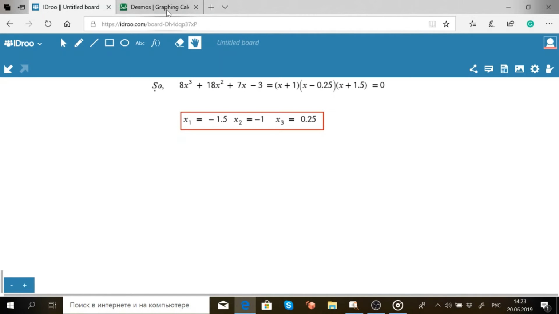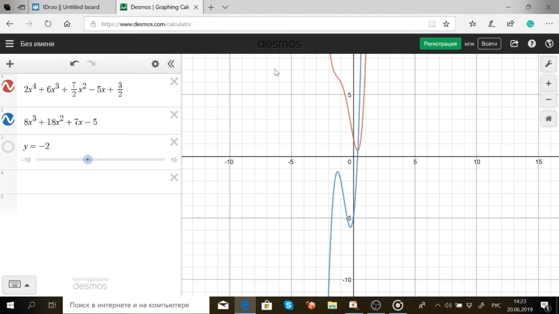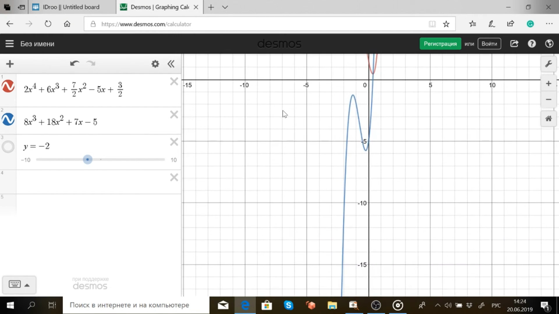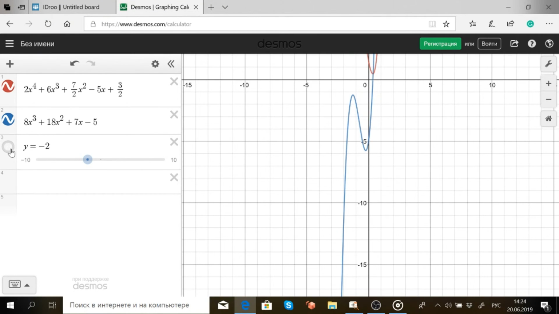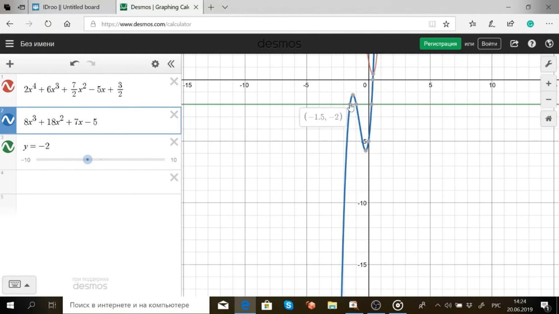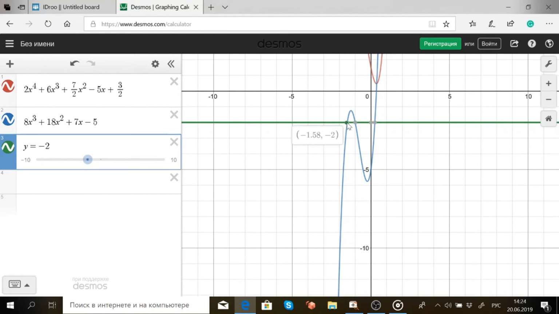Let us look at the picture. The initial function is the red curve. The blue curve is the derivative function of the red function. If we pick three values of x, negative 1.5, negative 1, and 1/4, we can see that the values of the derivative are the same, and the value is negative 2.